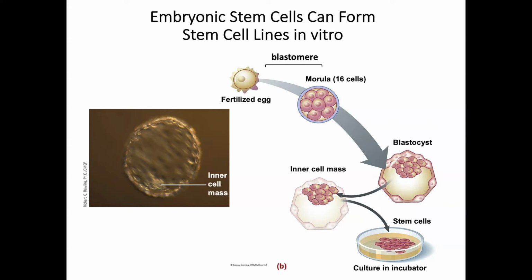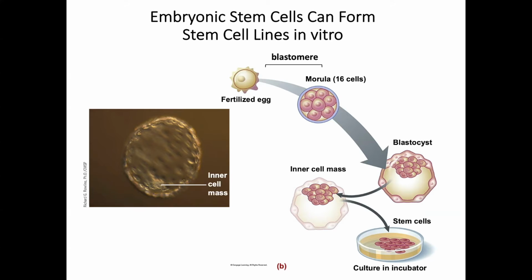So this figure shows a human blastocyst with the inner cell mass under the microscope. The inner cell mass is the dense cell population shown here. Okay, cells from this region are pluripotent and will form all the 200 cell types in our body.